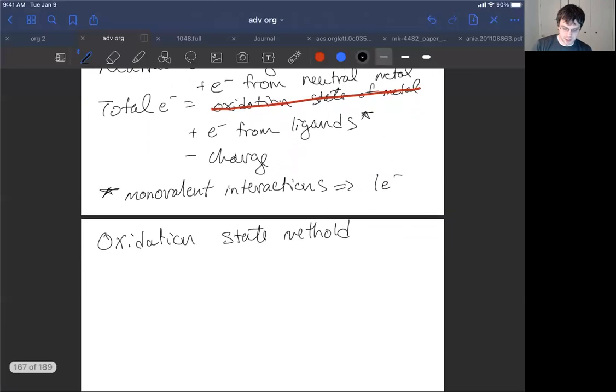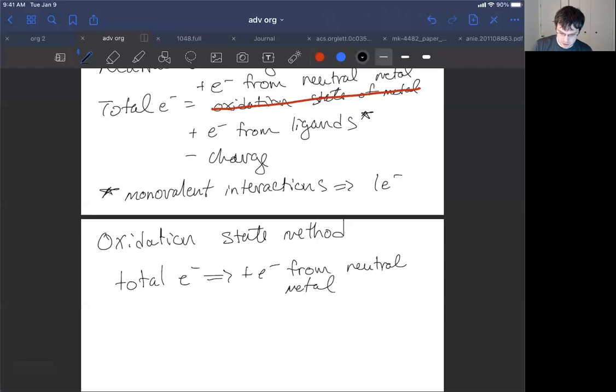So the oxidation state method says that the total electrons in a metal complex is the electrons from the neutral metal, minus the oxidation state of the metal.